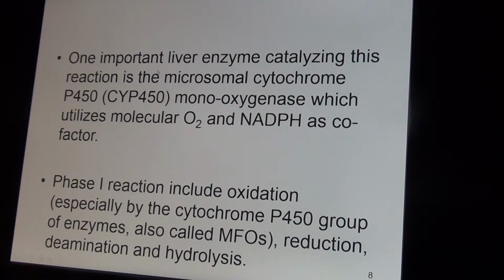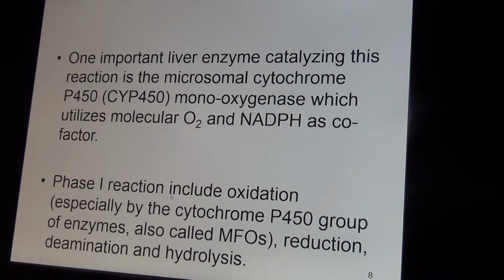One important liver enzyme catalyzing this reaction is the microsomal cytochrome P450 monooxygenase, which utilizes molecular oxygen and NADPH as cofactor. The phase 1 reaction includes oxidation, especially by the cytochrome P450 group of enzymes, also called the MFOs, and also reduction, deamination, and hydrolysis.